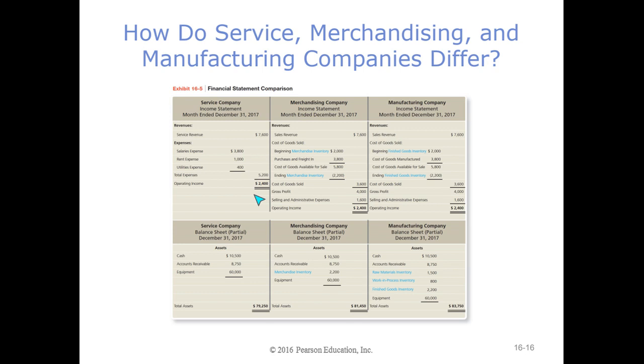That's the one we should be pretty familiar with, because it's the one we were using in our last class. And then our balance sheet for a service company, same thing. We had to create a balance sheet last class as well. For our balance sheet, we're just looking at our asset accounts: cash, accounts receivable, equipment.